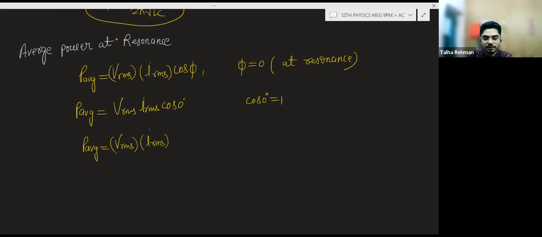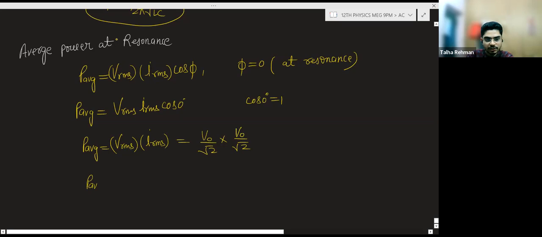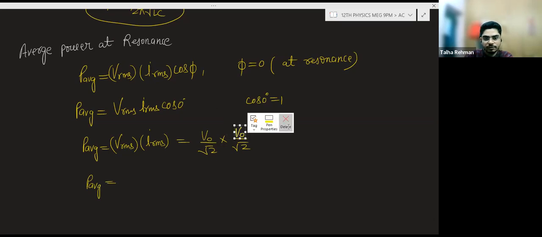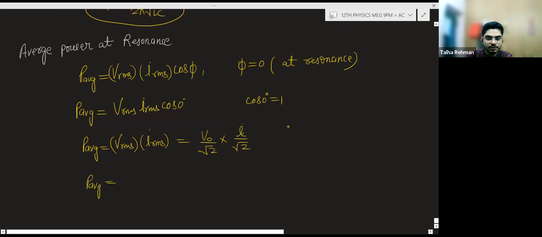So this is your average power. This Vrms can be written as V naught by under root 2. This Irms can be written as I naught by root 2. So average power at resonance will be V naught I naught divided by 2.